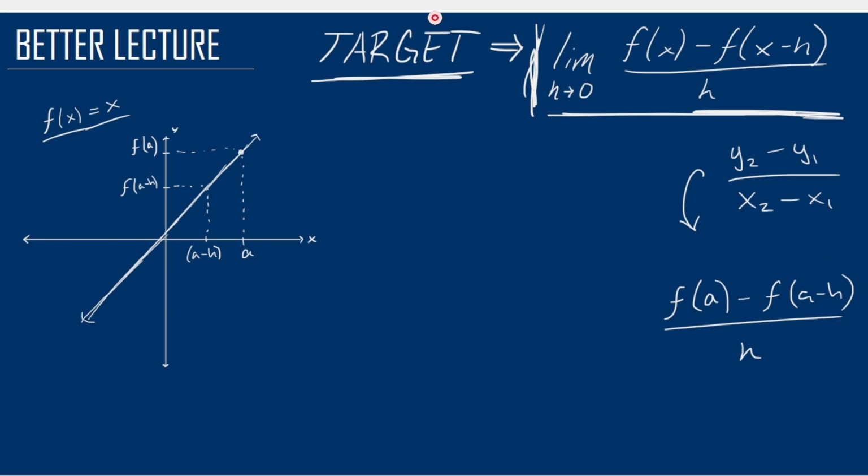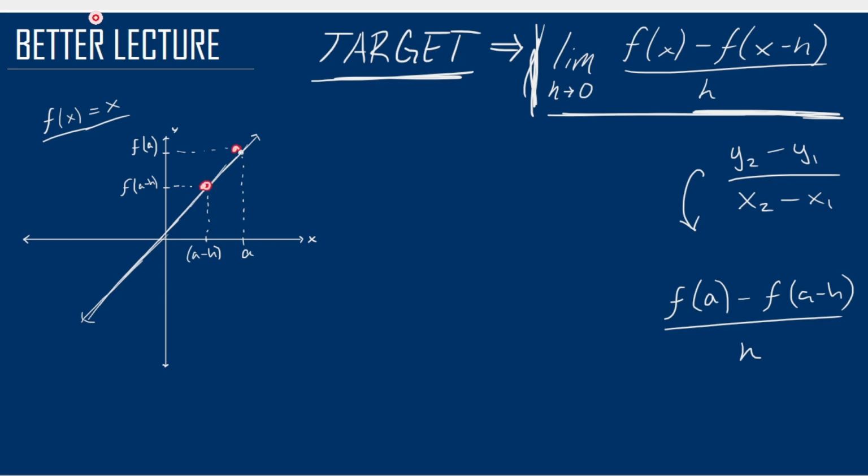But what's important about the derivative is that it's not quite just a slope formula. What it's trying to do is find the slope at a certain point. There's just one point.